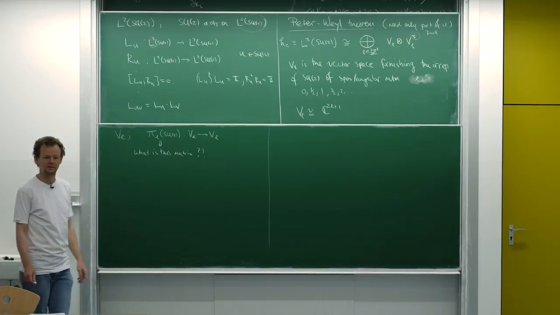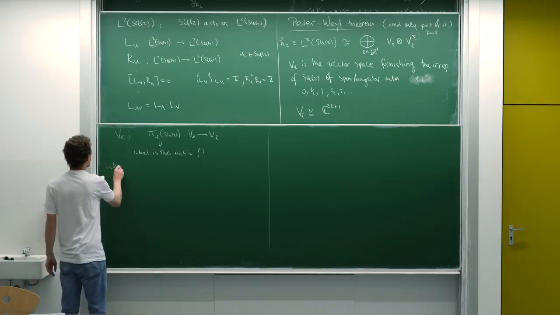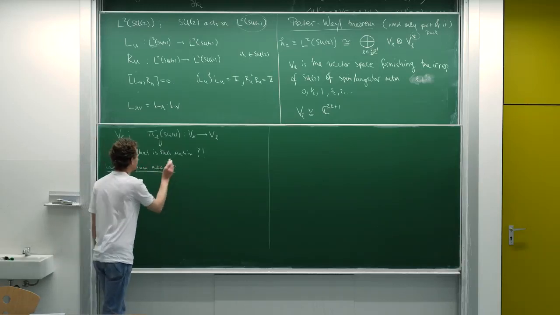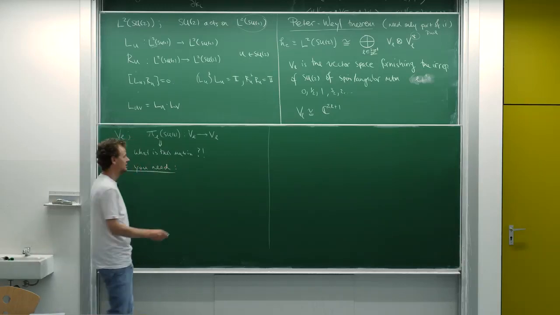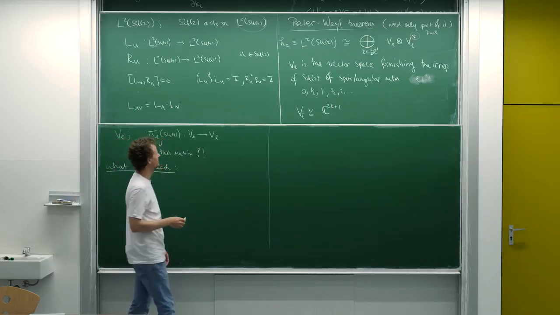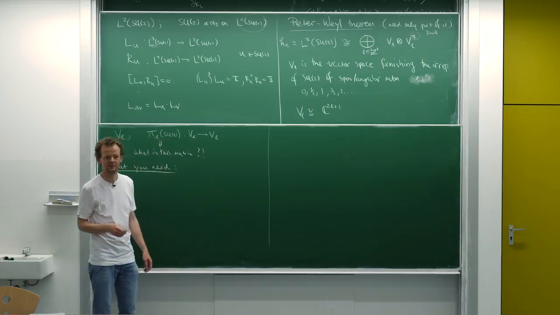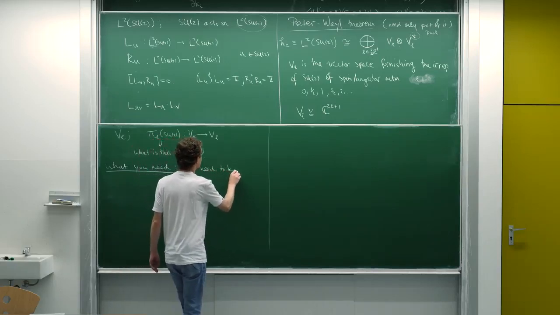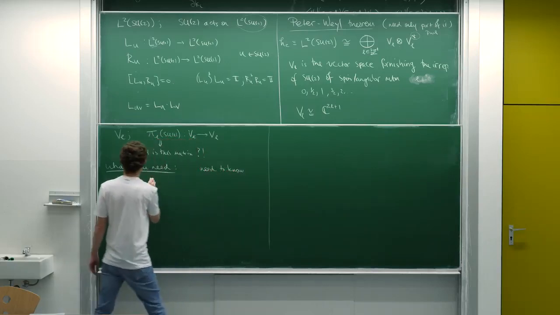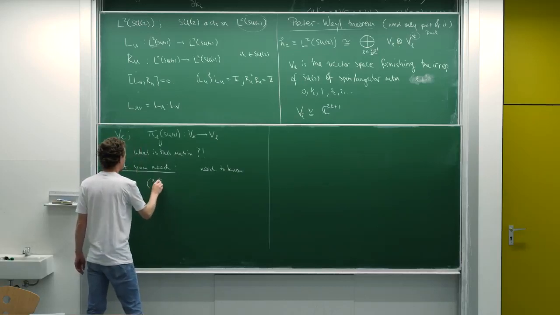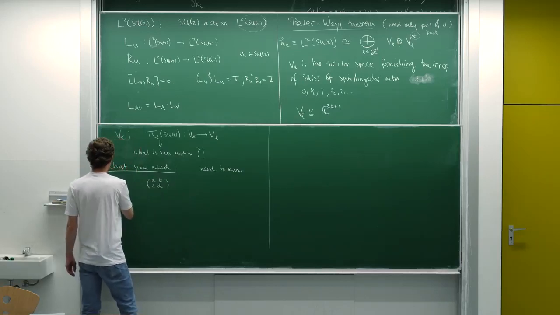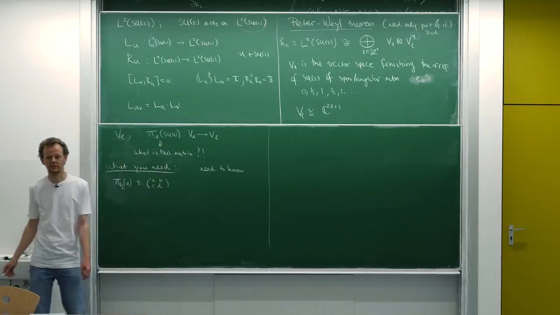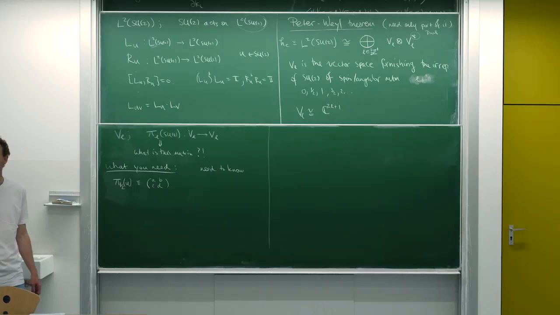And what do you need? To understand this trick, you'll need to understand the matrix elements of the spin half representation of SU2. You'll need to know A, B, C, D. You need to know the fundamental representation of SU2, but I think you know that, right?